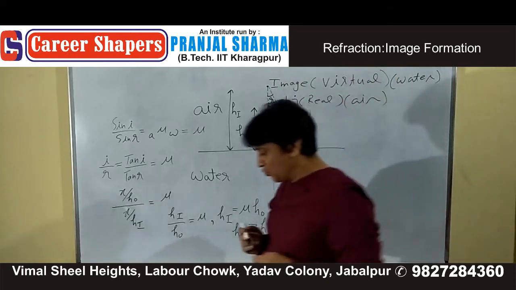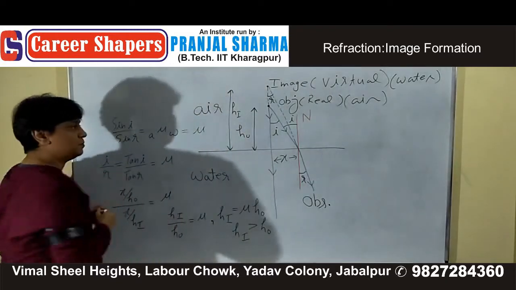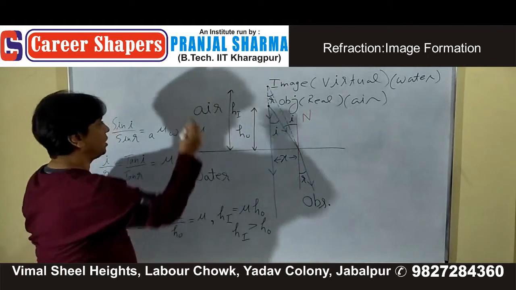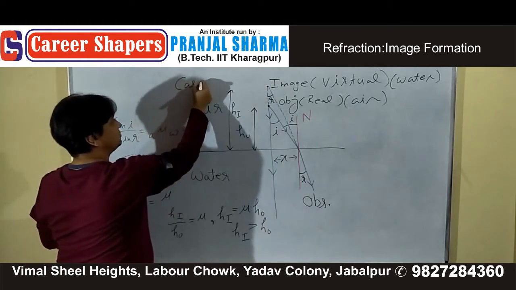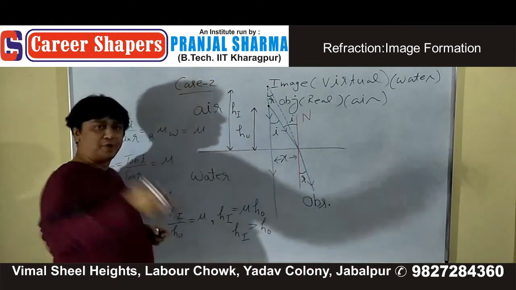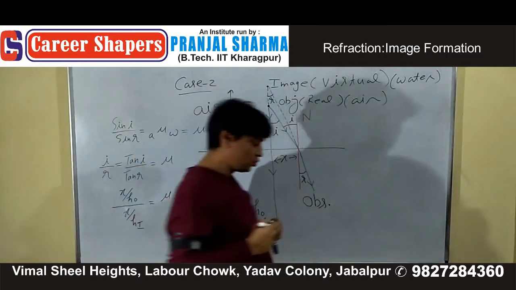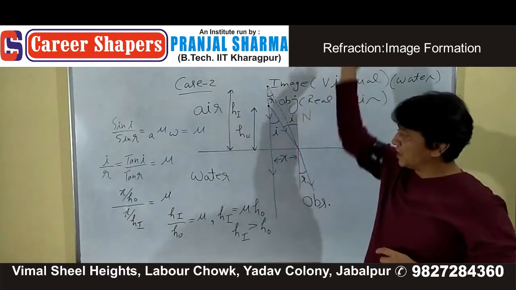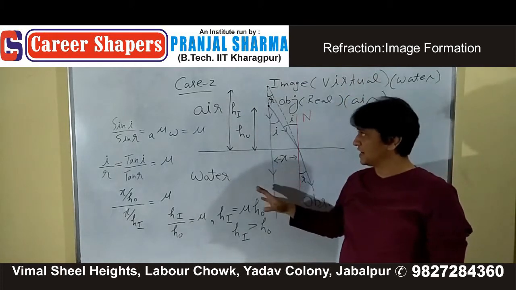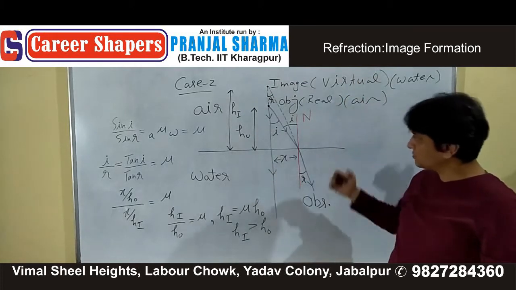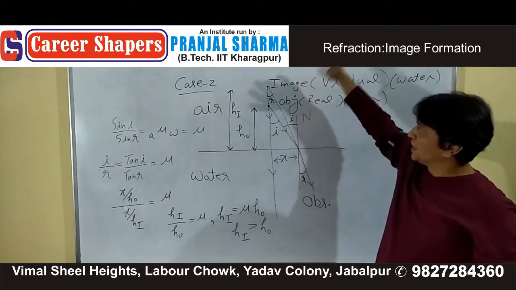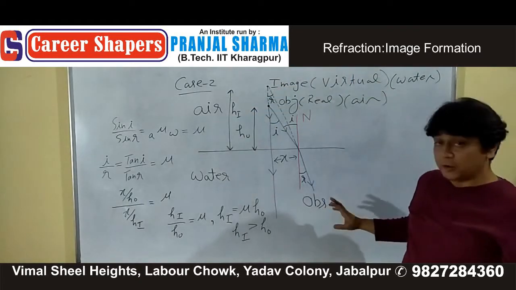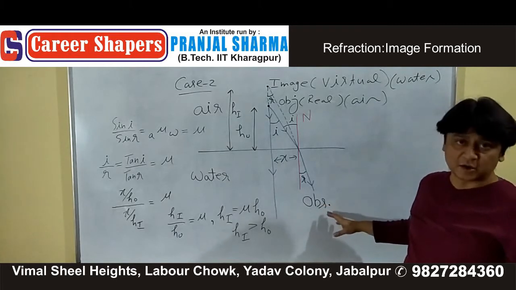Now, we have developed two situations. In the first one, you can call it case 2, and the previous one, call that case 1. In case 2, what is happening? Object is present in the rarer medium, and observer is present in the denser medium.